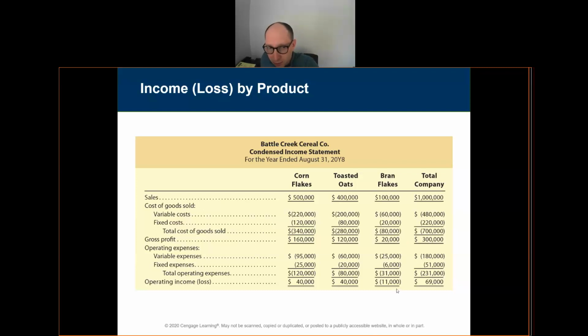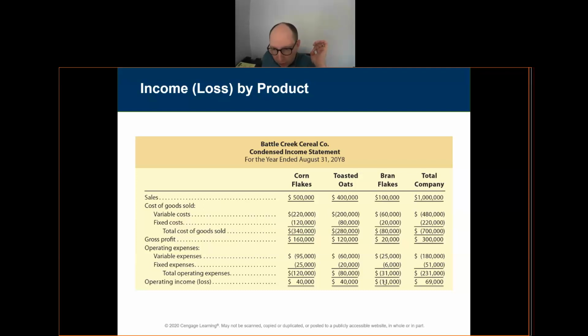If we discontinue it, sales goes to 0, all the variable costs go to 0, but the fixed costs remain the same because fixed costs do not change regardless of the level of output.